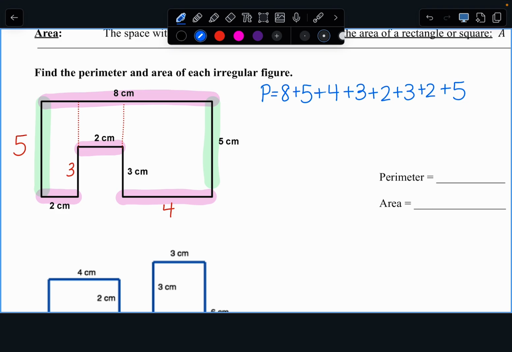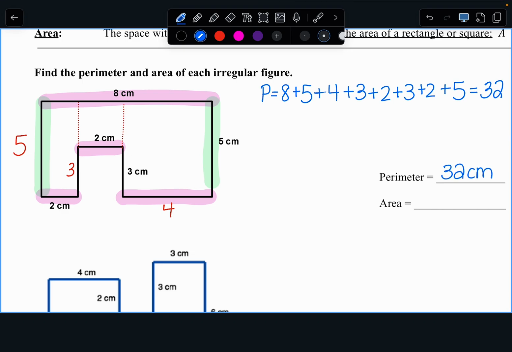That was 3 off. 8 plus 5 is 13. 13 plus 4 is 17. 17 plus 3 is 20. 20 plus 2 is 22. 22 plus 3 is 25. 25 plus 2 is 27. 27 plus 5 is 32. So perimeter is 32 centimeters.